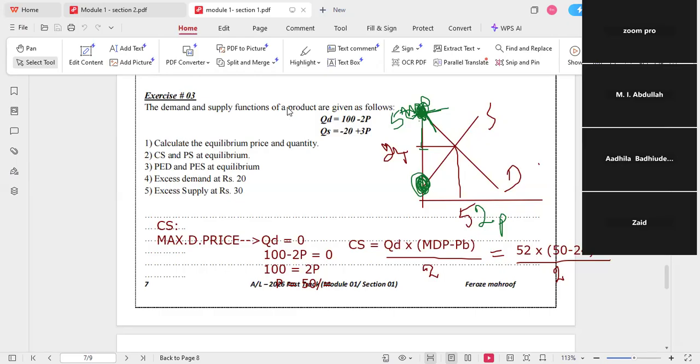Right. So then, how much is coming? 52 into 26, over 2.